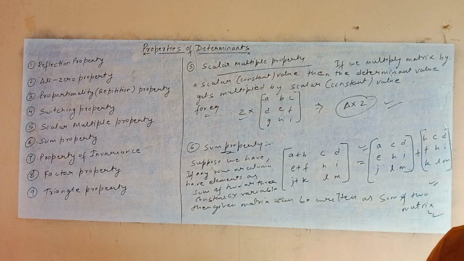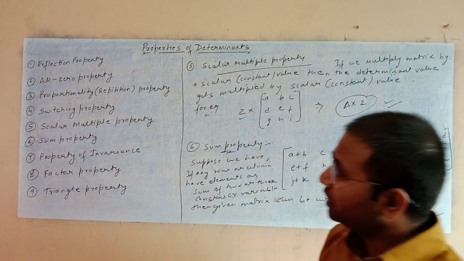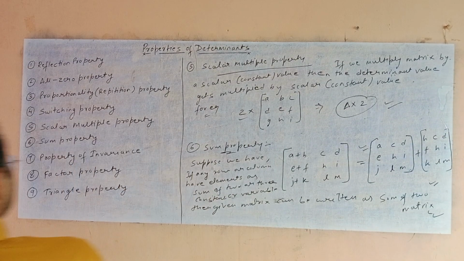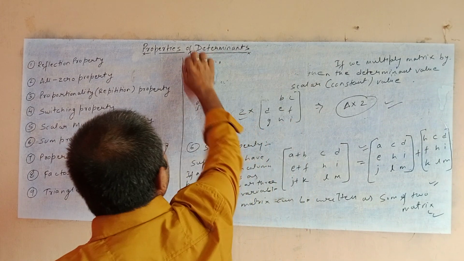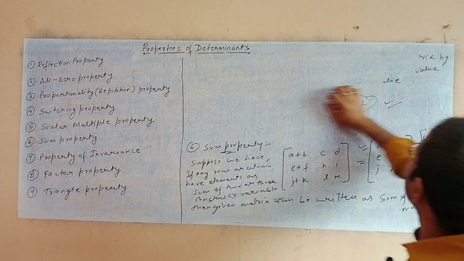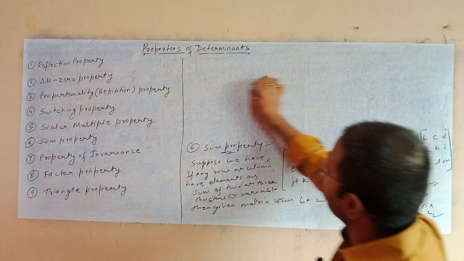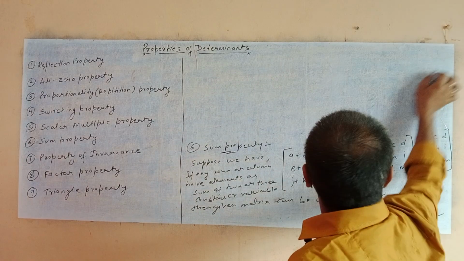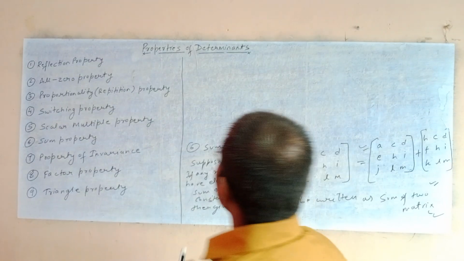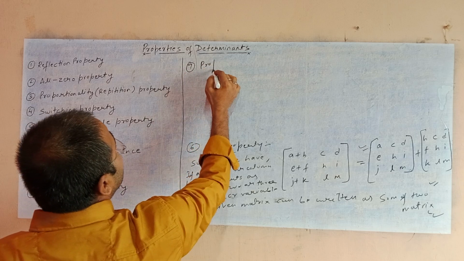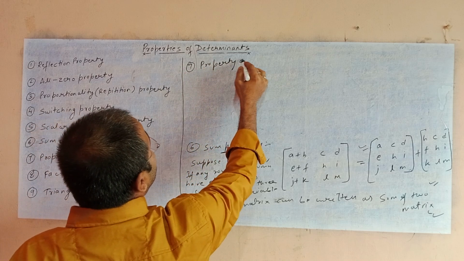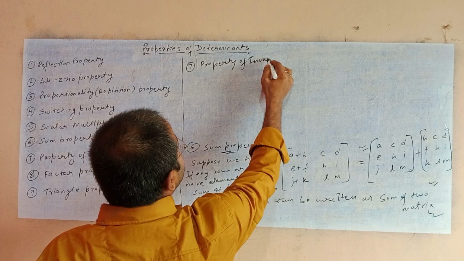Okay. Now we will learn some properties of invariance. Properties of invariance means seventh one, property of invariance.